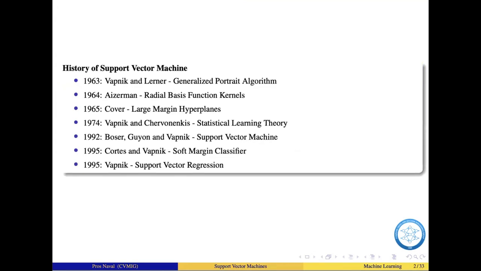Let's take a look at the history of the support vector machine. So in 1963, Vladimir Vapnik and his PhD advisor, Alexander Lerner, introduced the generalized portrait model, which is the precursor of the SVM.